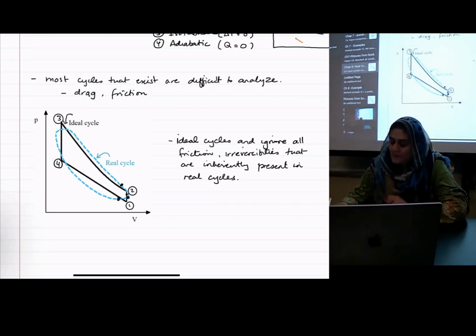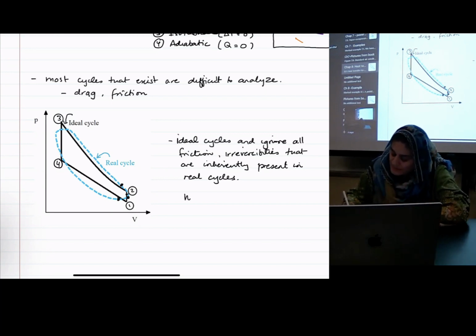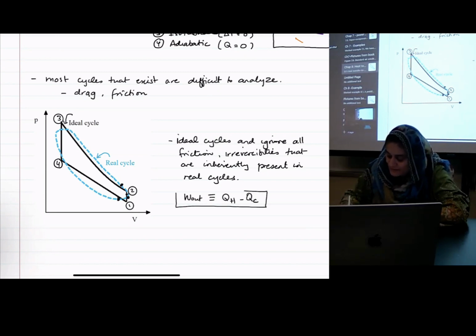Okay, what else do we know about a real cycle? We want work out. That's our useful work. And we defined it in previous chapters as QH minus QC. Do you remember doing that?